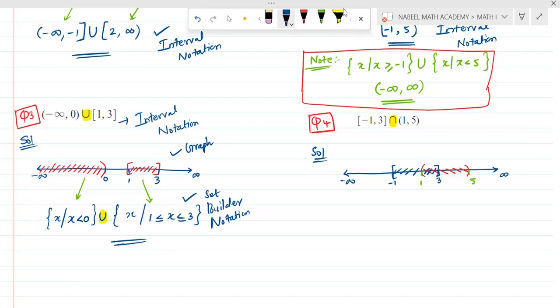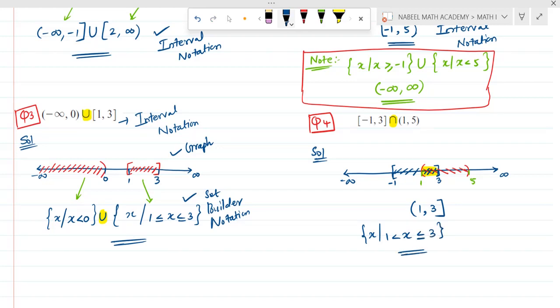So what is the common part here? The common part is only this part. So in interval notation I write 1 comma 3 closed. This is the common intersection part. So how will you write the set builder form? x such that 1 less than or equal to, is it less than or equal to? Because 1 is open, less than. Here less than or equal to 3.